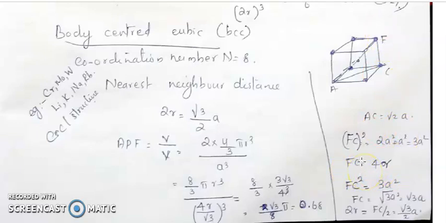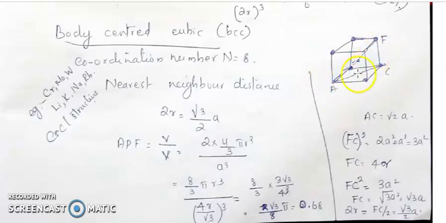So how can we find out FC square? It is equal to 2A square plus A square, that is equal to 3A square. You can take these two are perpendicular, this A square, one side, and the other this AC.